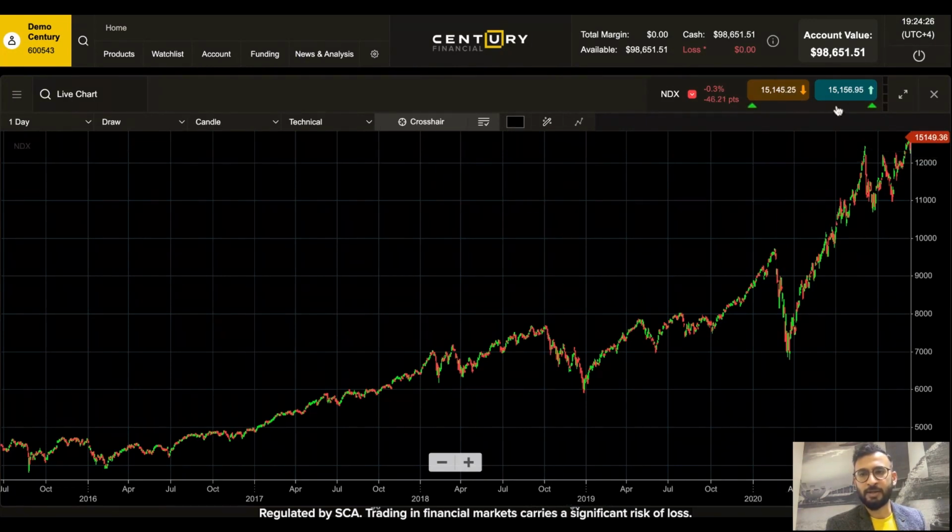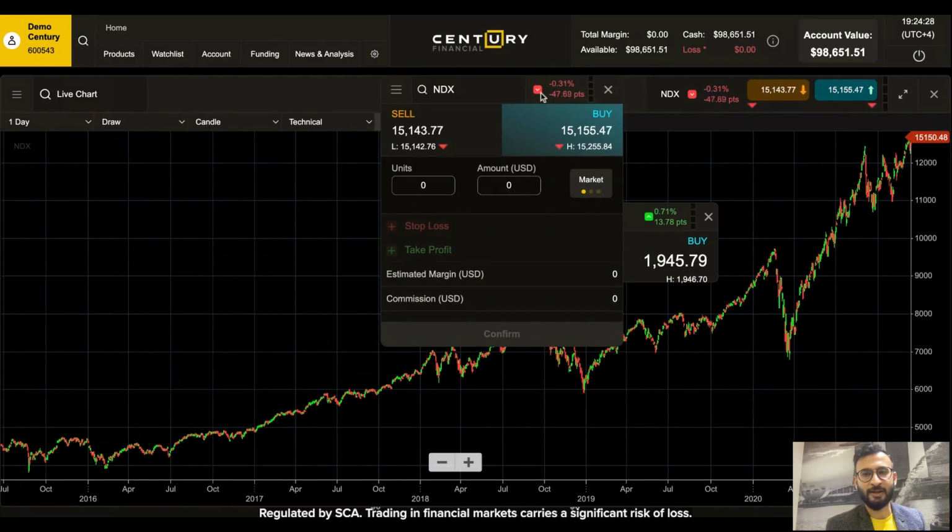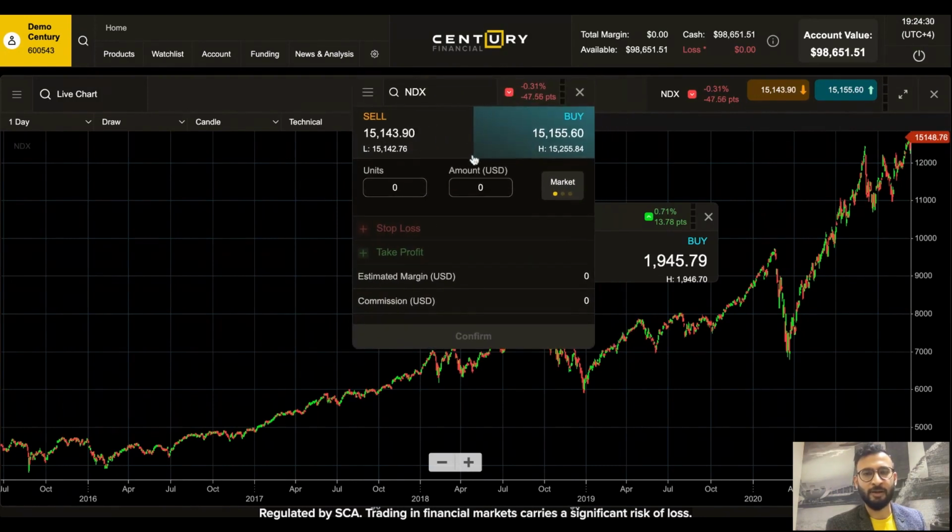So let's take the example of Nasdaq right now. It seems like it's coming down. Short selling is basically trying to take advantage of the falling prices of a stock, commodity, index, anything. You feel that the price of something is going to come down. How can you take advantage of this? In a lot of trading platforms, you are actually allowed to borrow the stock or the commodity from the broker.